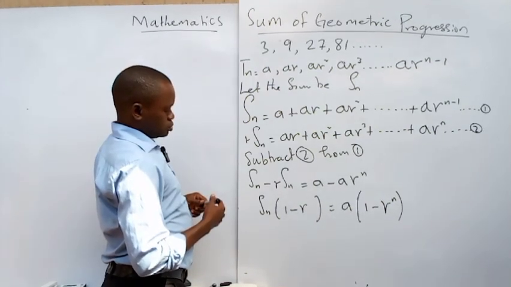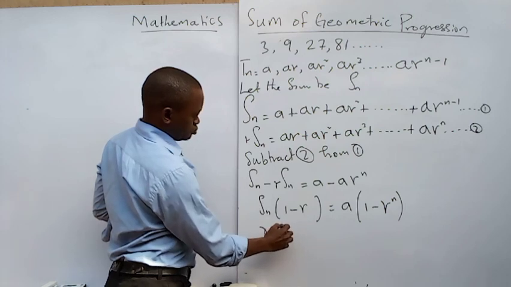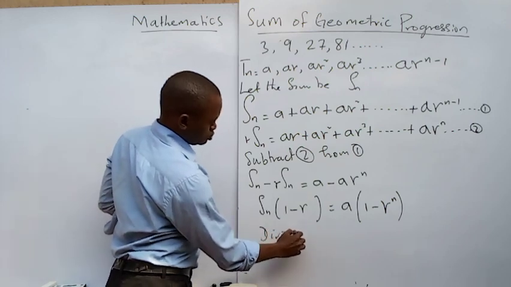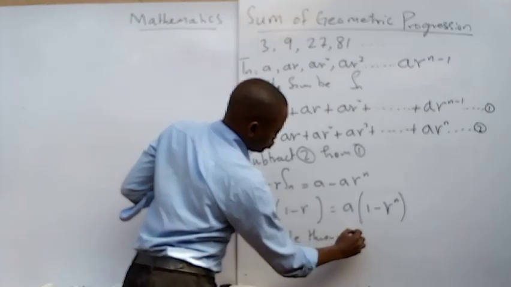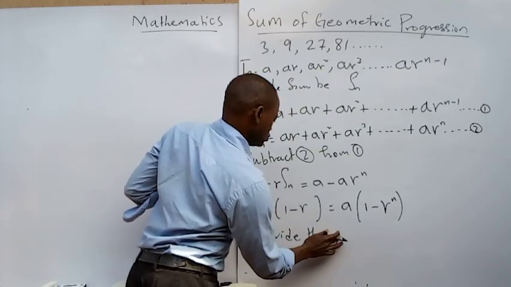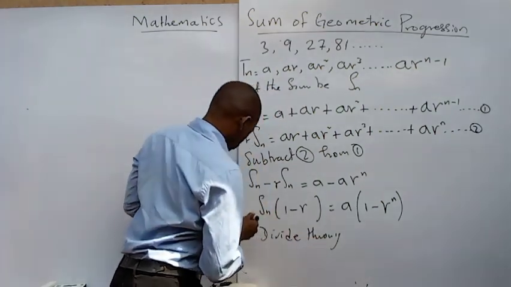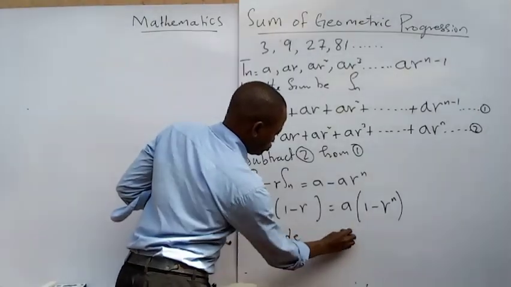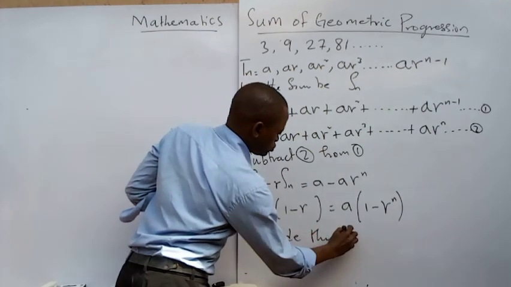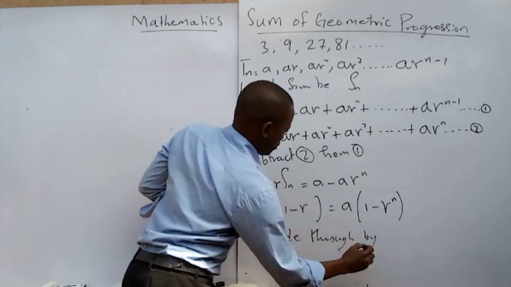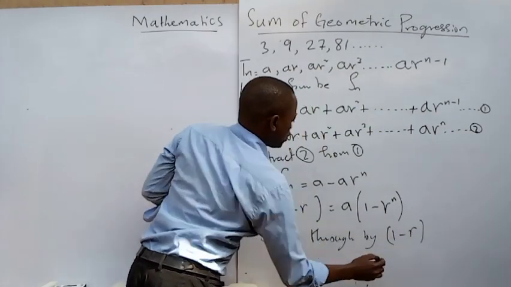Now, divide both sides through by 1 minus r.